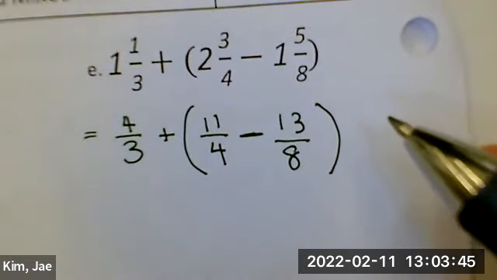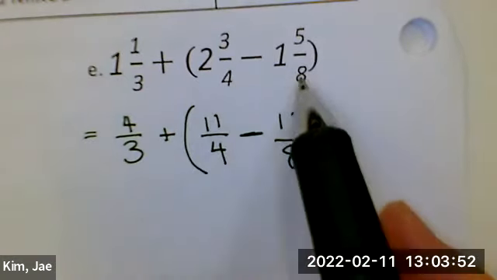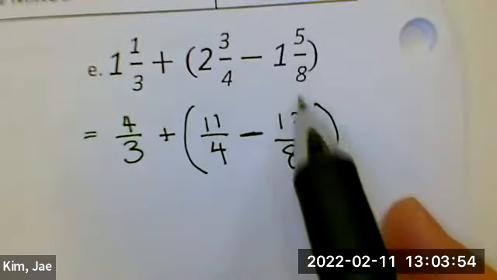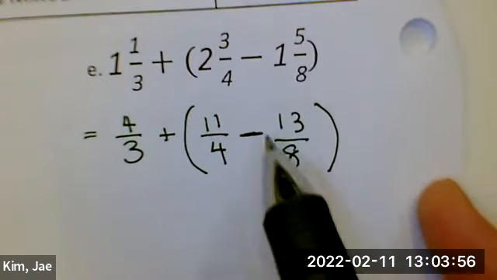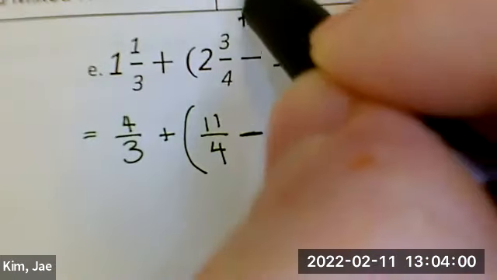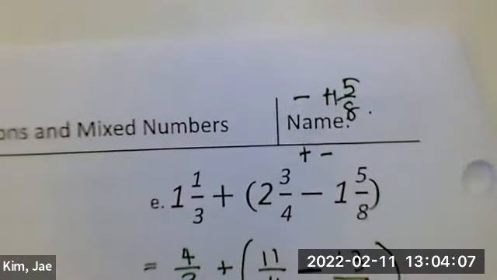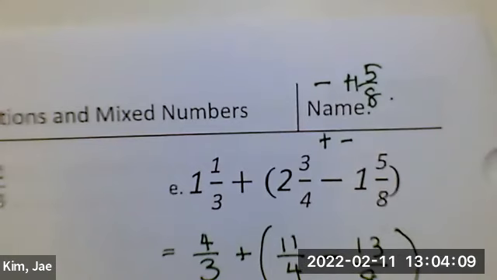This is a negative fraction. So yes, you can think of this as adding a negative or subtracting a positive fraction. Either one is the same. Adding a negative or subtracting a positive, same thing.